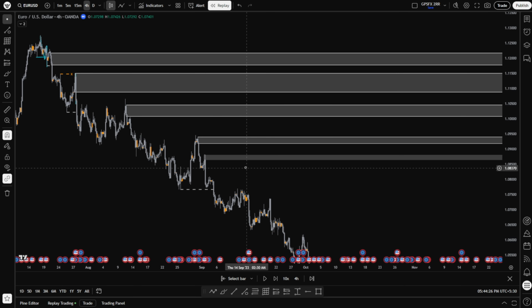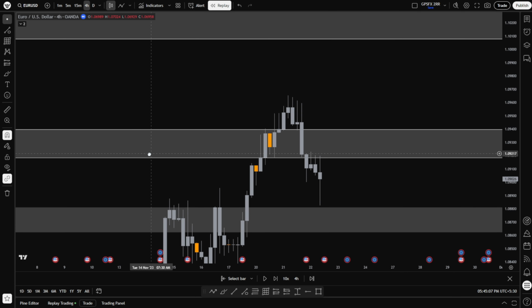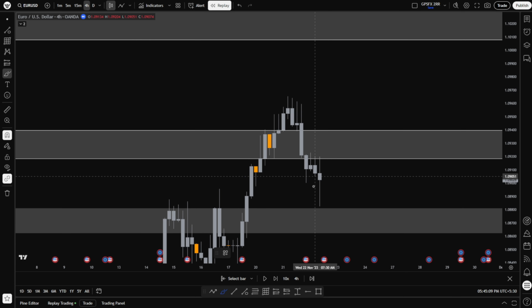If you see closely, we didn't get any movement. The market straight away invalidated this order block, right? Because obviously that is a weak order block. So if you look at this second point, this is a strong order block. There is no question about that. But still the market went up and invalidated this order block.